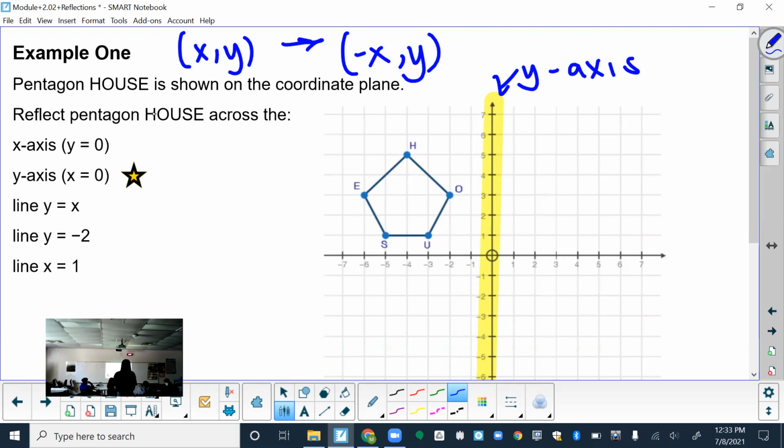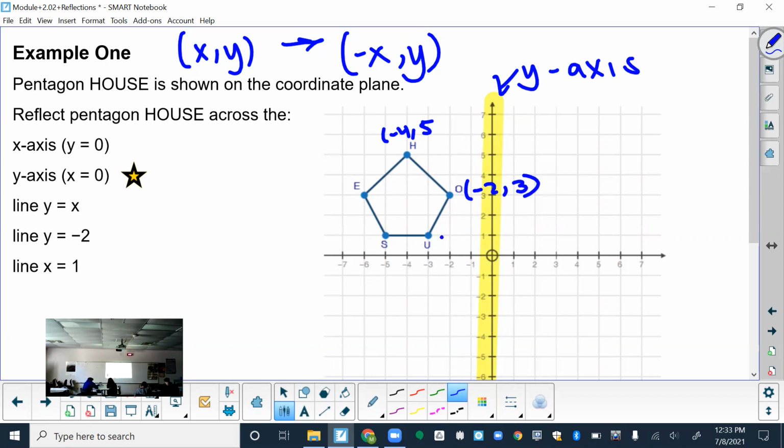All right, so the coordinates for HOUSE are the same as before. So I'm going to just copy those ones over. All right, H was -4, 5. O was -2, 3.